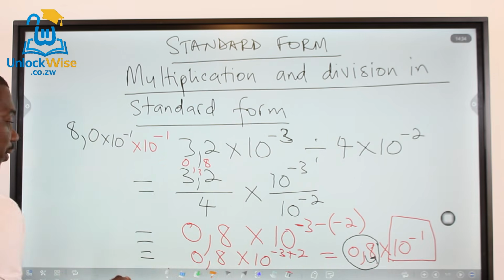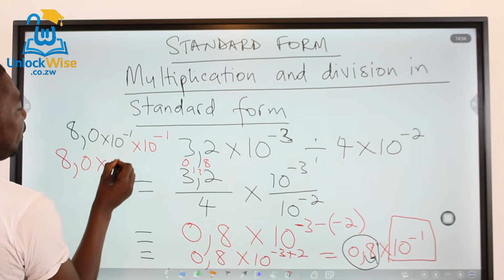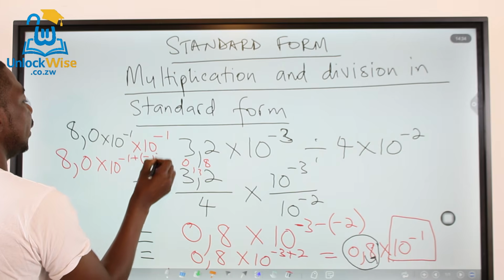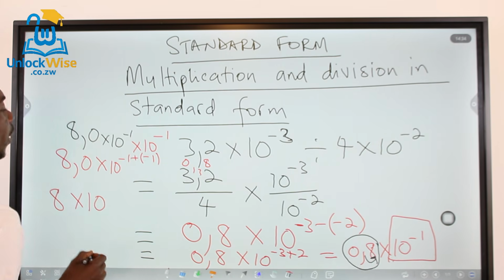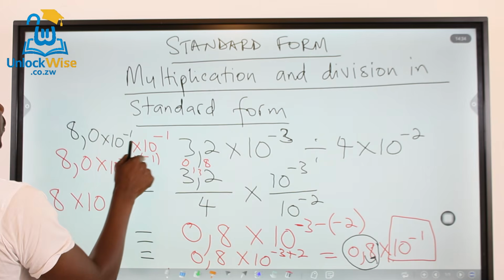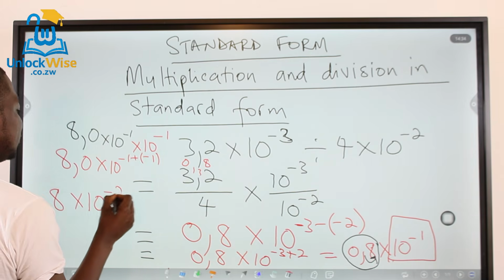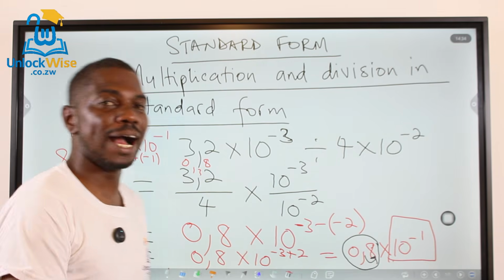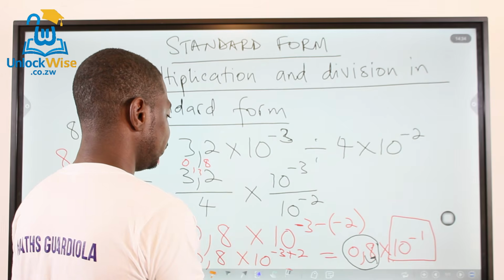So it now means that we are going to have 8.0 times 10 to the power negative 1 plus negative 1. And this will give us 8 times 10 to the power negative 1 minus 1, which will give us negative 2. Right? So this is how we divide numbers in standard form.